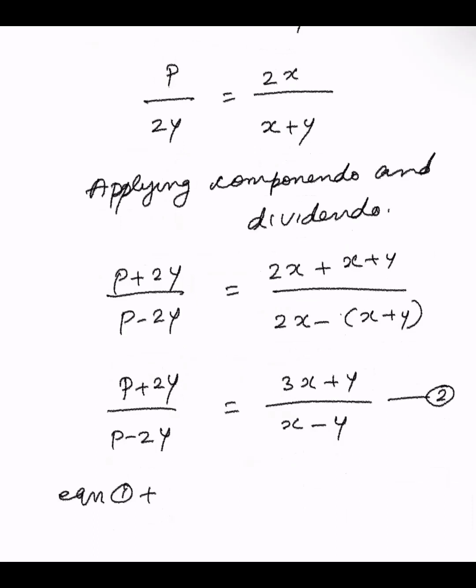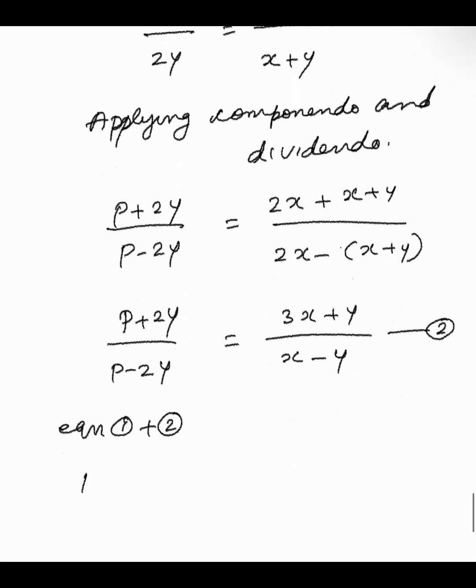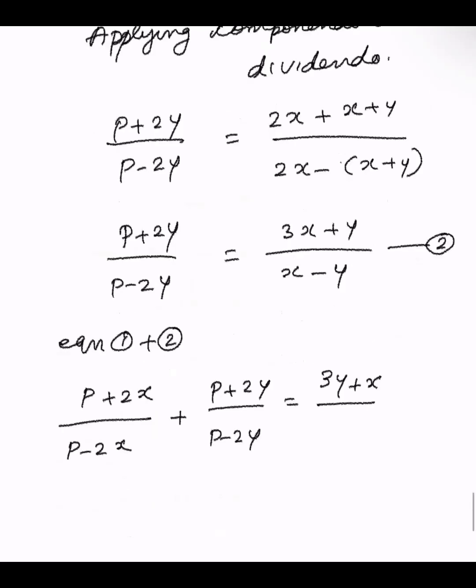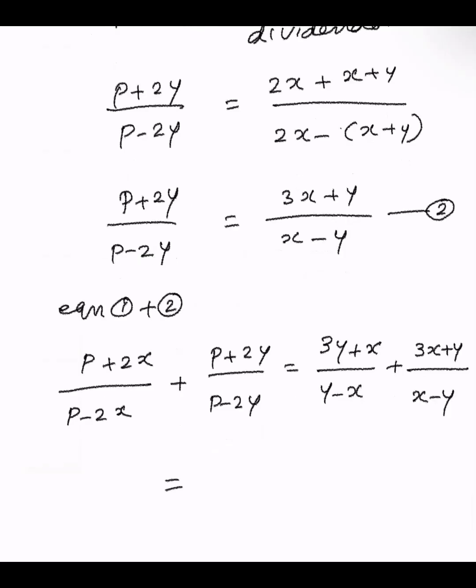Equation 1 plus 2 would be p plus 2x divided by p minus 2x plus p plus 2y divided by p minus 2y is equal to 3y plus x divided by y minus x plus 3x plus y divided by x minus y.